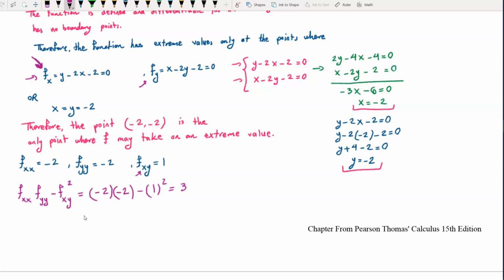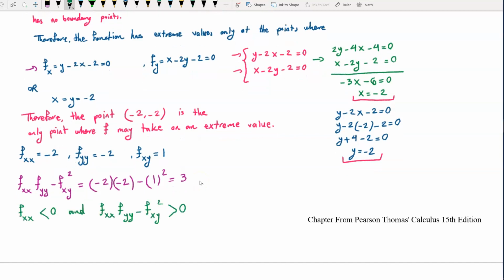Now the discriminant of f at a, b, which was equal to negative 2, negative 2, is negative 2 times negative 2 minus 1 squared, which is 4 minus 1, so it is equal to 3, which is greater than 0.